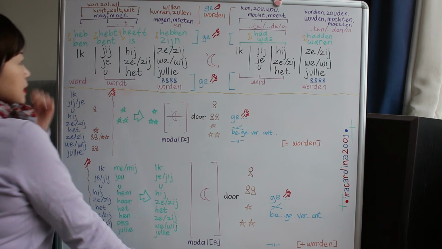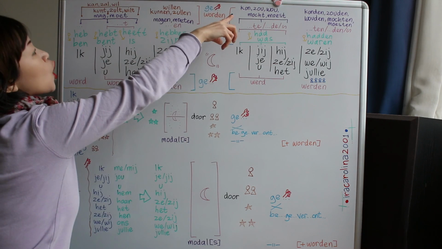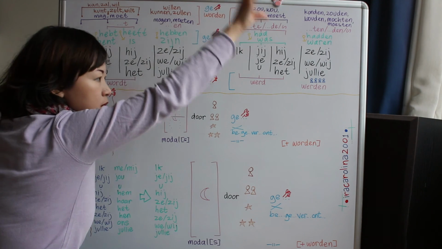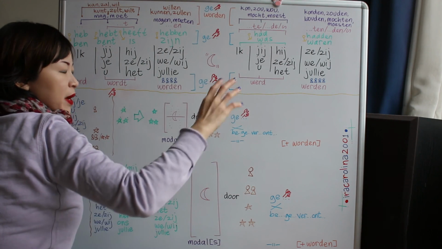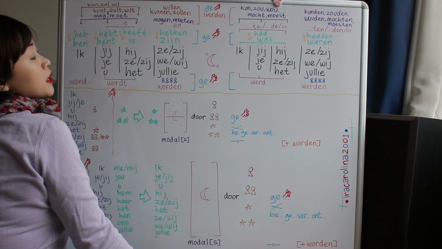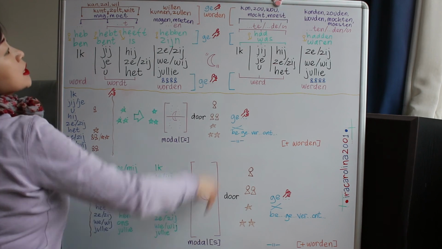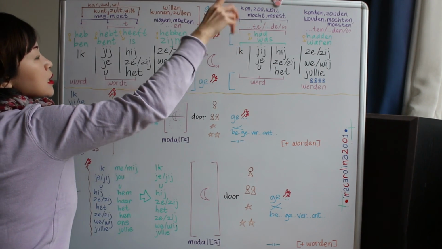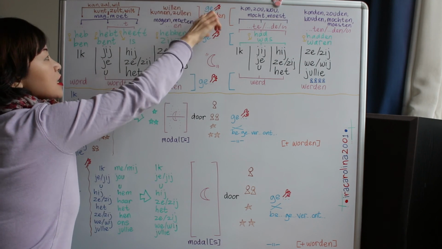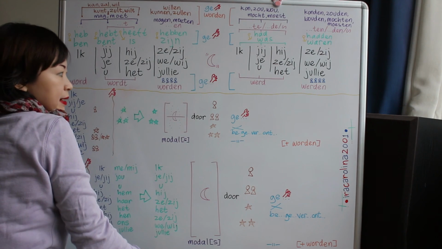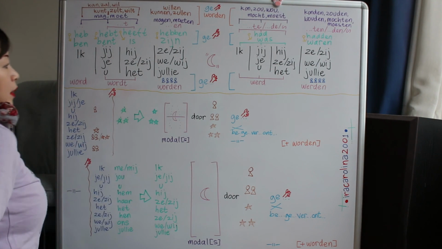And the modals that before were kon, zou, wou, mocht, moest, or konden, etc., with the verb in the active sentence: in the passive sentence, the modal will still be there, but the verb will come with ge, verb, and don't forget we add the worden.